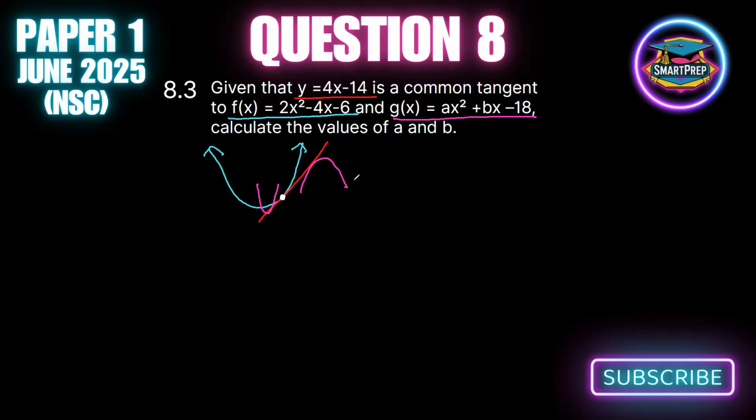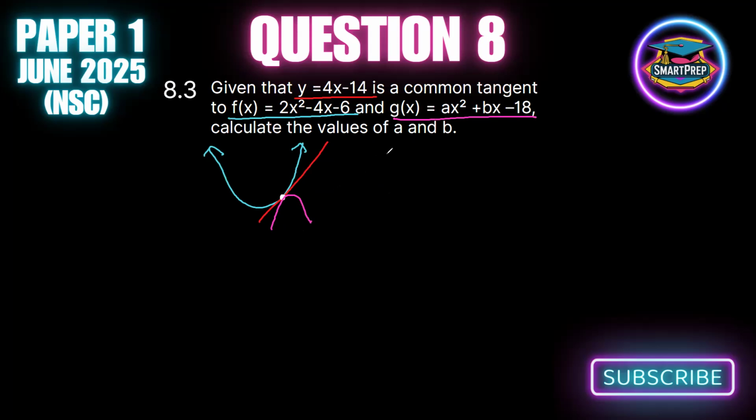And so if I was to put it here with the common point, now we can narrow it down because now we would have a point which we could sub into g of x in order to solve.